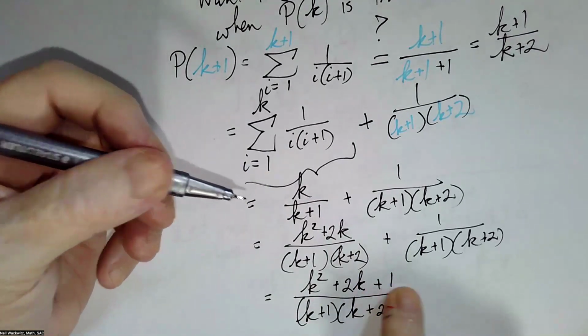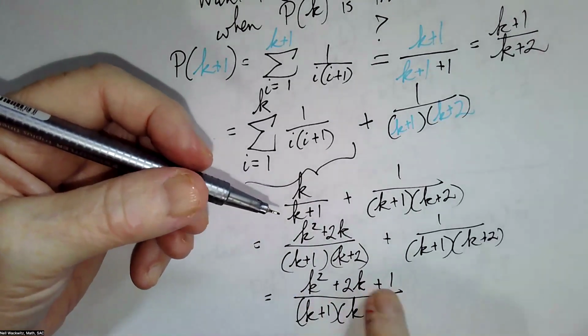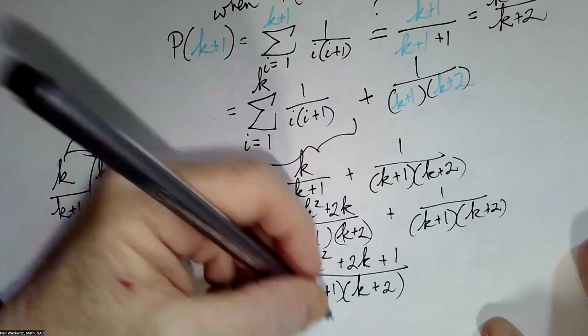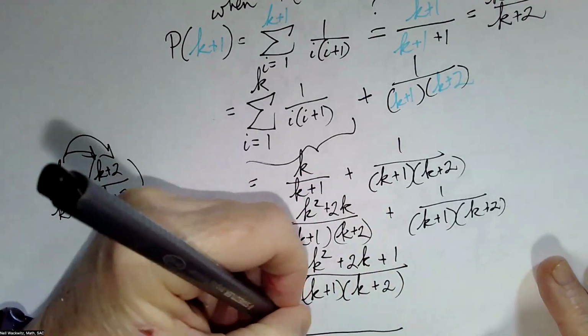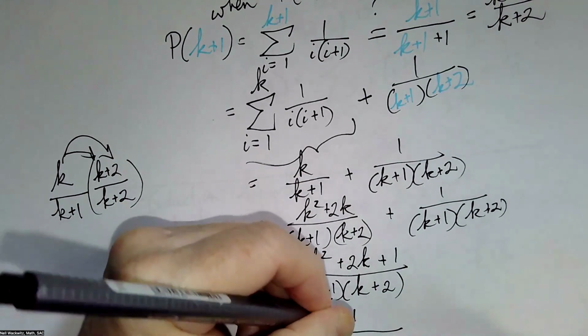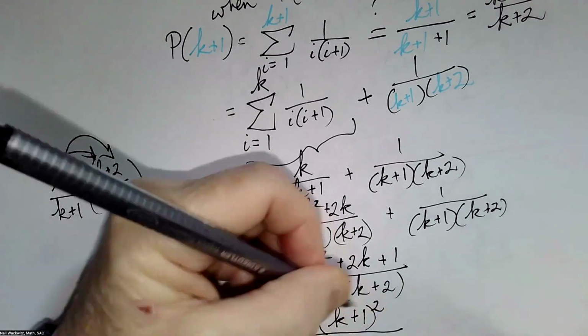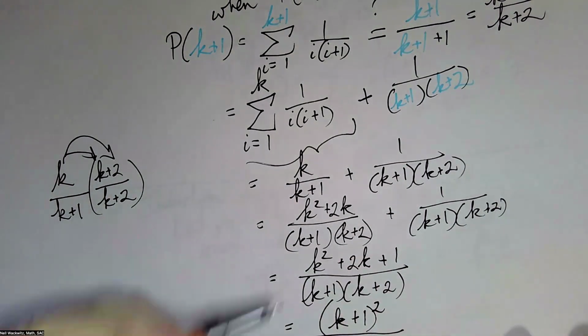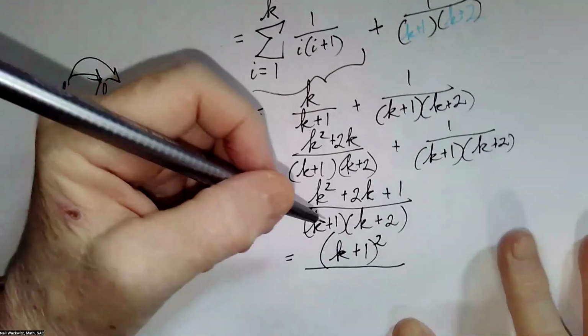Oh, hey, notice that the 3 terms in the numerator are a perfect trinomial square. So that's going to look like K plus 1 all squared, because we've got K squared plus 2 times K times 1, that's 2K, plus 1 squared, which is 1. And the denominator still stays.